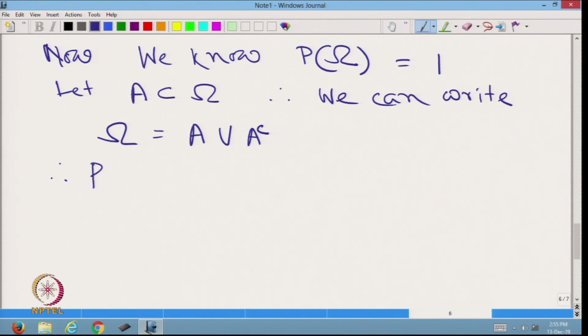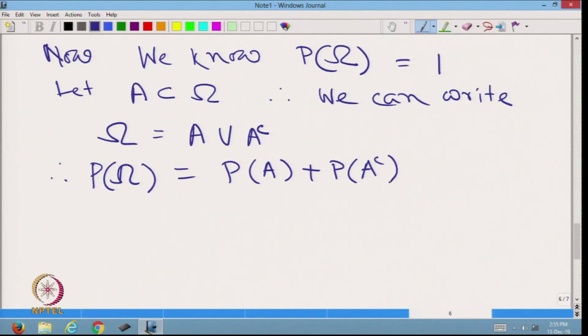Therefore, P of omega is equal to P of A plus P of A complement. Therefore, 1 is equal to, since P of omega is equal to 1, P of A plus P of A complement.